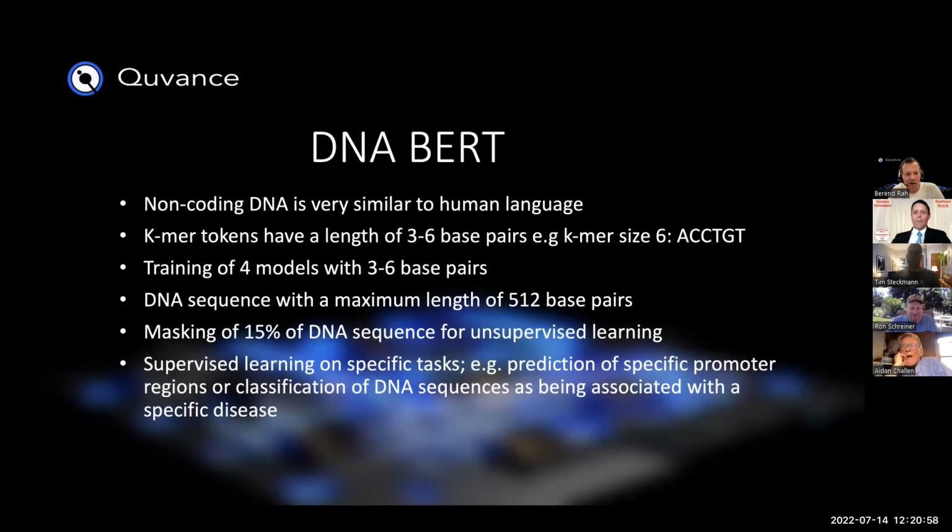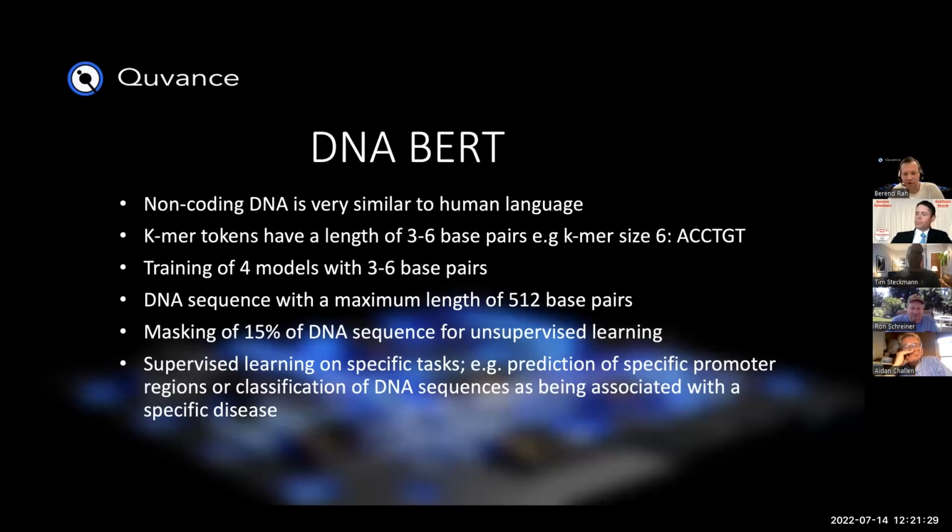Okay, so let me just summarize at this point. Non-coding DNA, as I said, is very similar to human language, at least at a statistical level. And the way we are training the system is by using k-mers. K-mers is a common terminology in genomics, which is just how many of these nucleotides you use to create an artificial word, really.